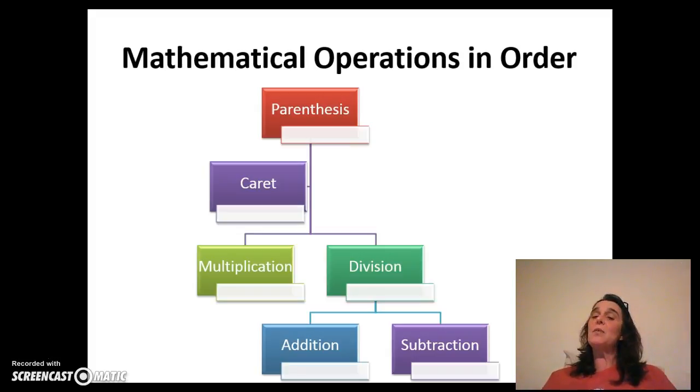And then addition and subtraction are the same way. They are equal, and again, we do them from left to right. So this is our order of operations: parentheses, exponents, multiplication, division, addition, subtraction. Please excuse my dear Aunt Sally.